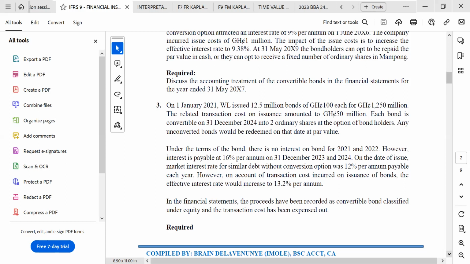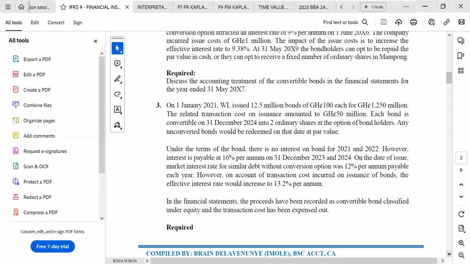Under the terms of the bond, there is no interest on the bond for 2021 and 2022. However, interest is payable at 16% per annum on 31st December 2023 and 2024. On the date of issue, the market interest rate for similar debt without conversion option was 12% per annum payable each year.